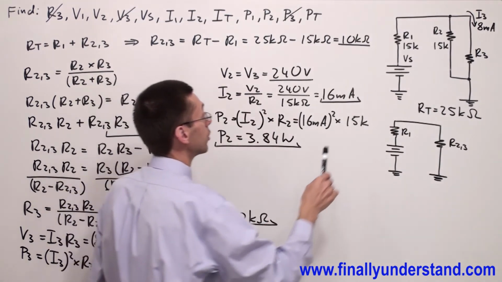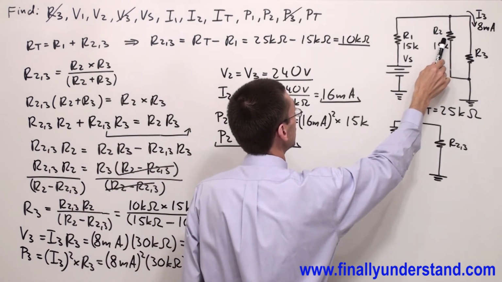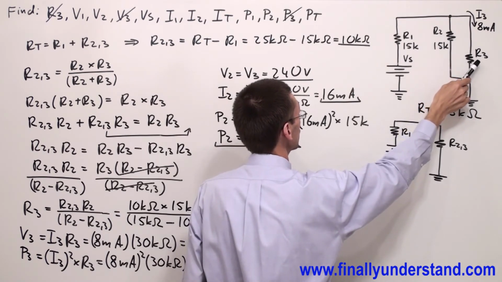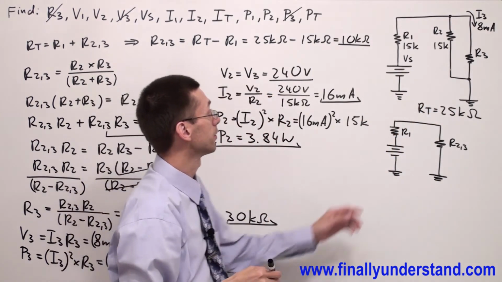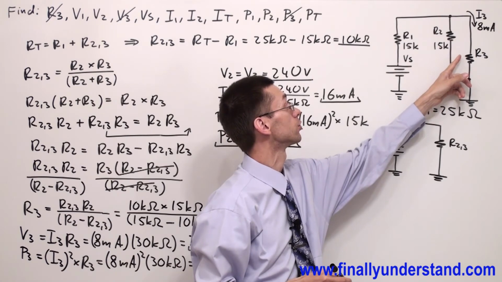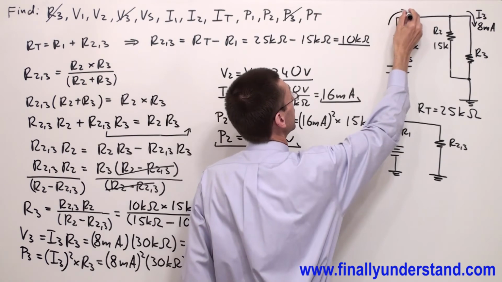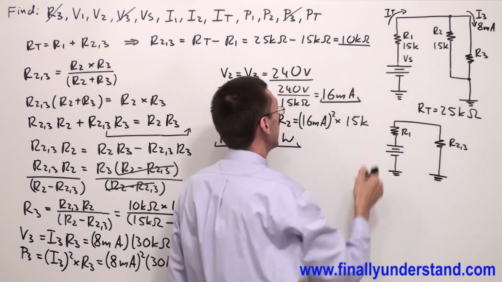Next, because I know already the current which goes through this resistor, and I know the current which goes through resistor R3, I can use the KCL, which says that the sum of these two currents is going to give me I total, okay? So this is going to be my I total and also I1.